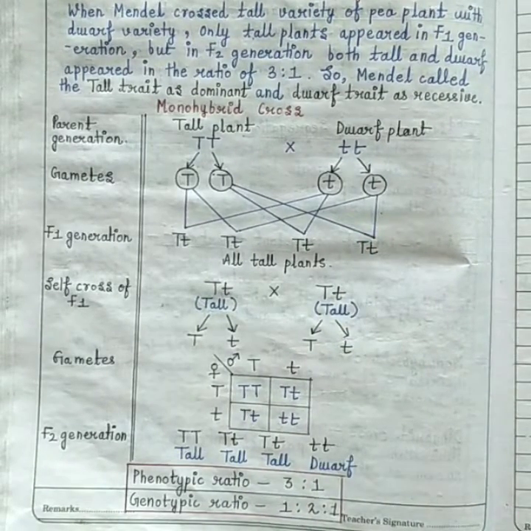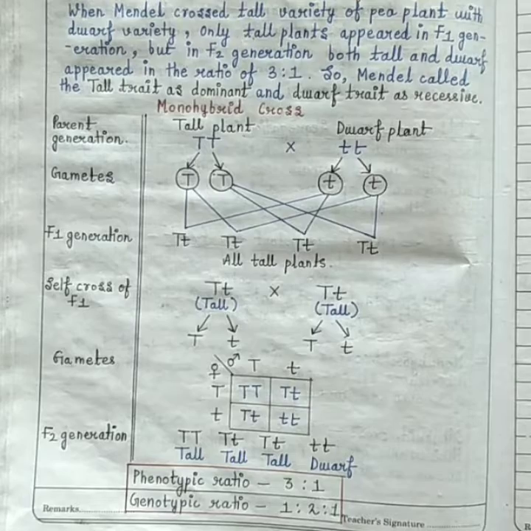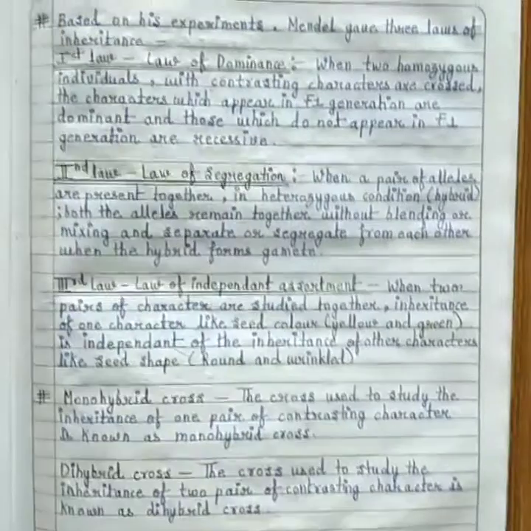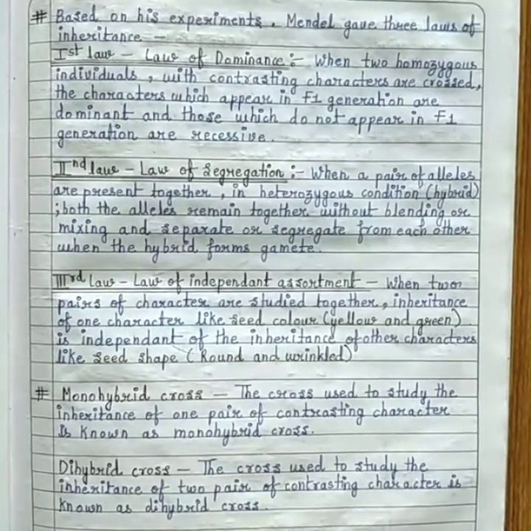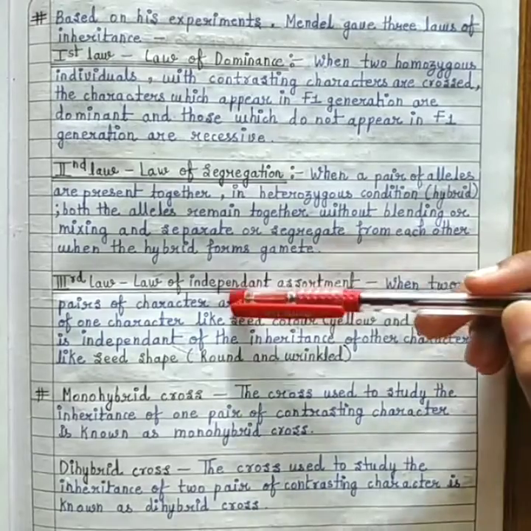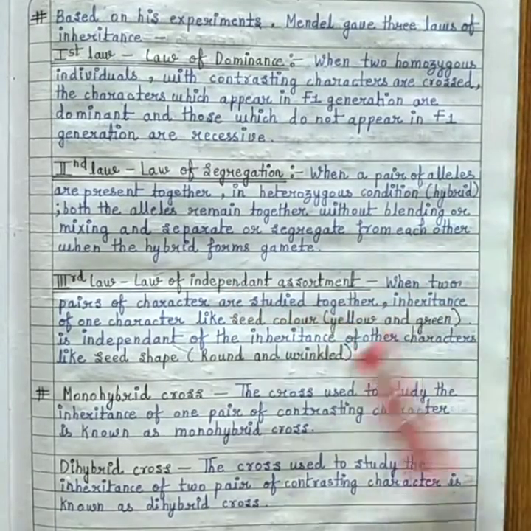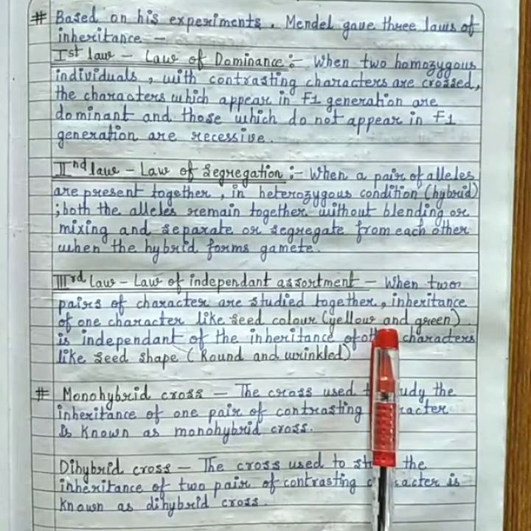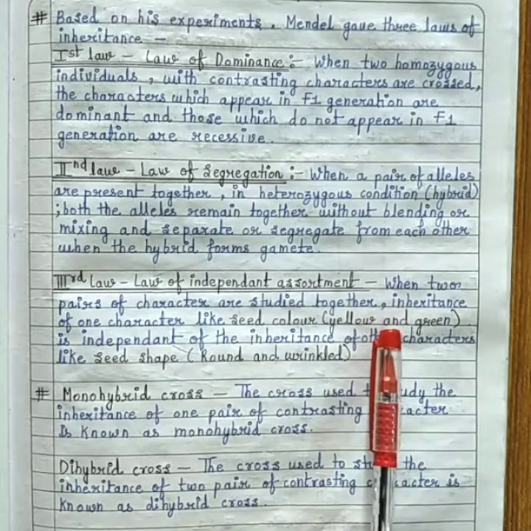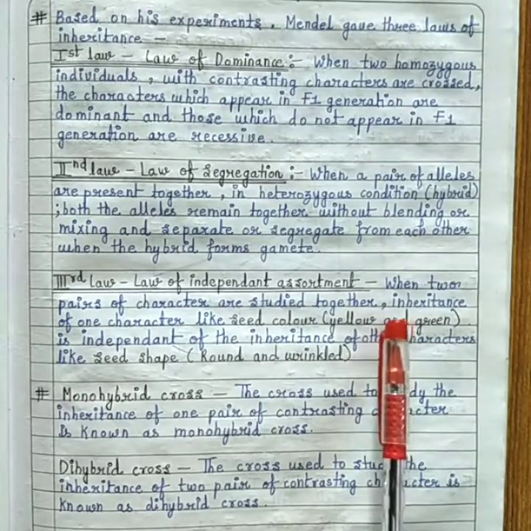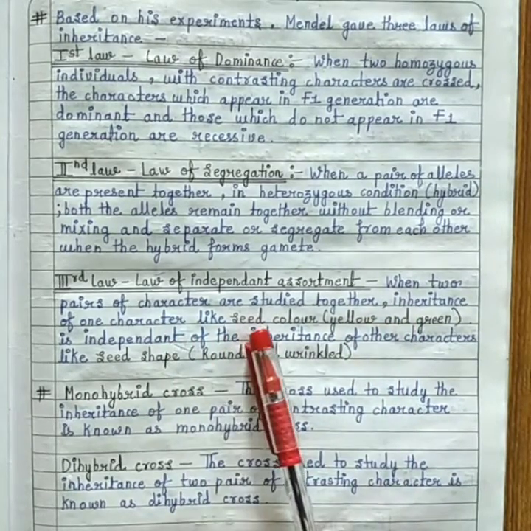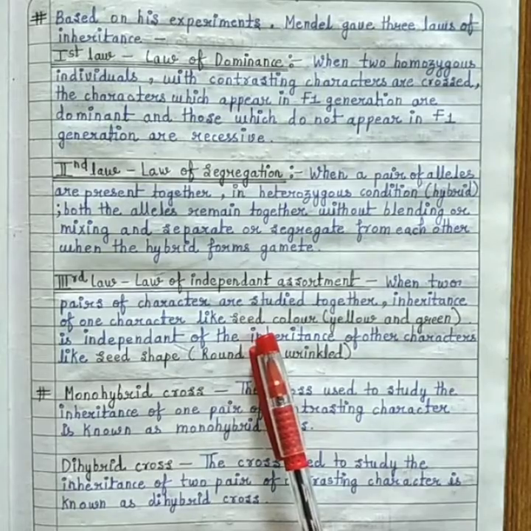Now moving ahead, we'll talk about the third law, that is law of independent assortment. According to law of independent assortment, when two pairs of characters are studied together, अभी तक हम monohybrid cross में सिर्फ एक pair of character को study कर रहे थे. Now he is talking about two pairs of characters. So this means our third law will be based on what?